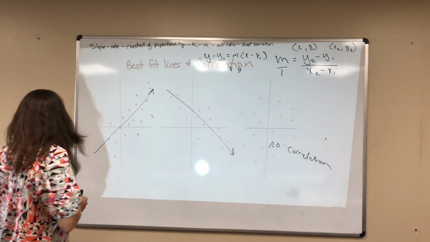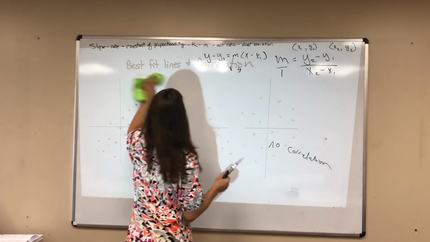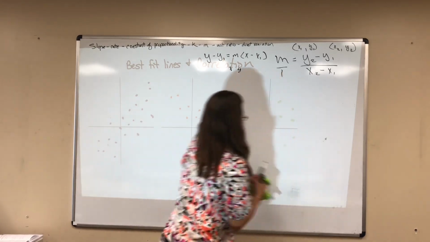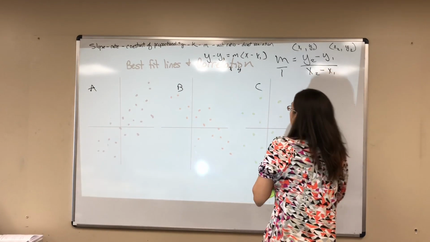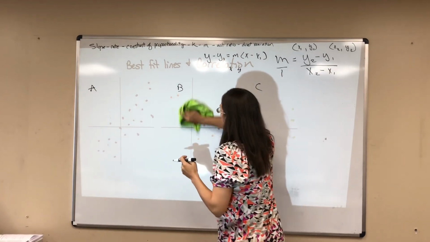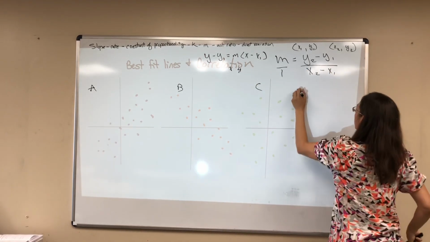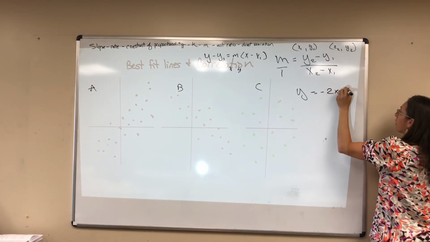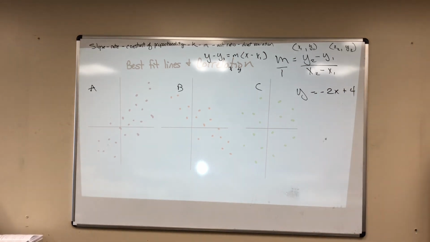Now, if they gave you plots like this and we labeled them A, B, and C, and they said, which data plots best address this line?